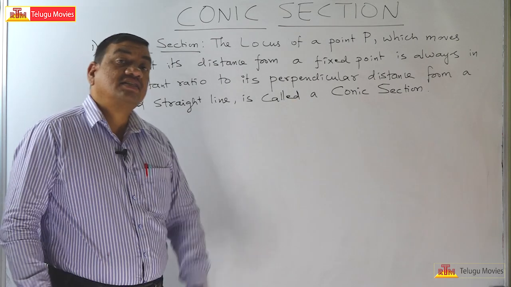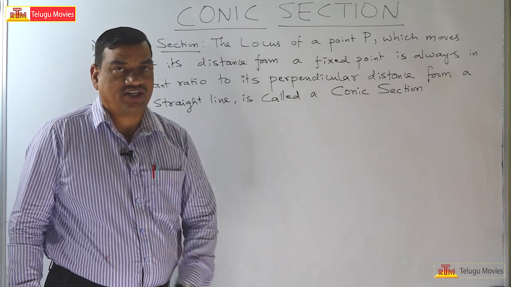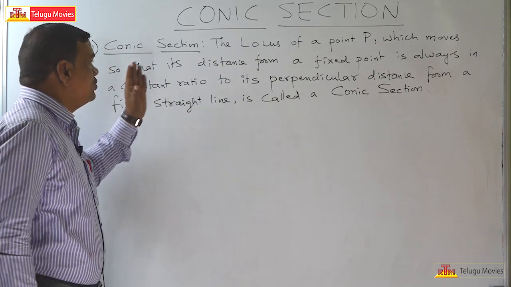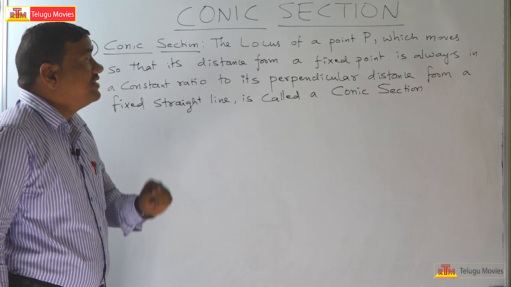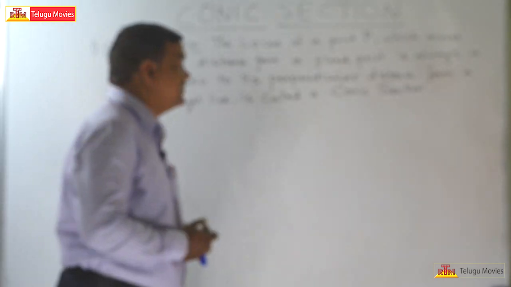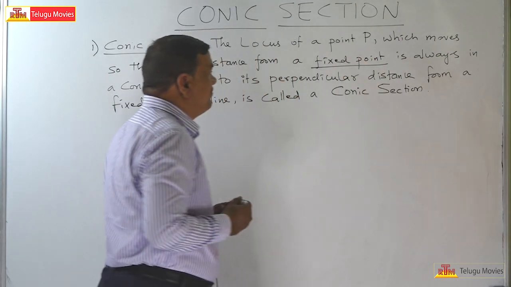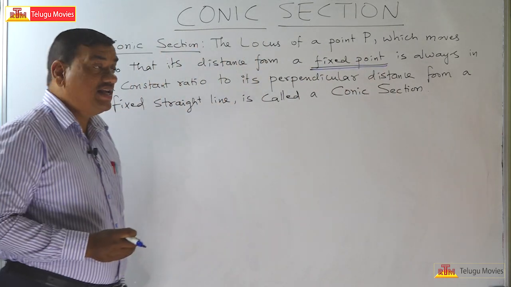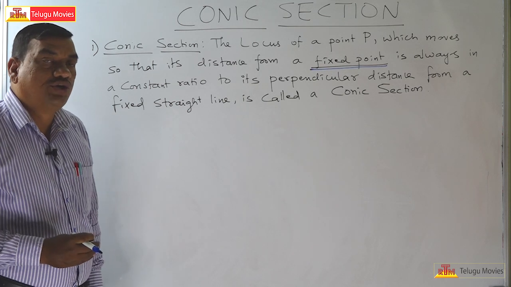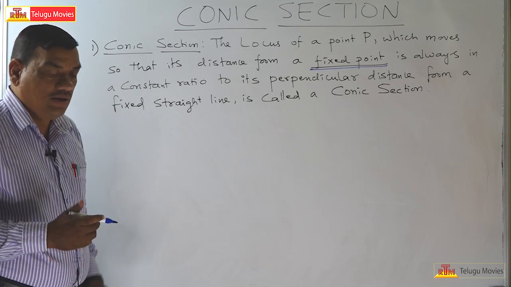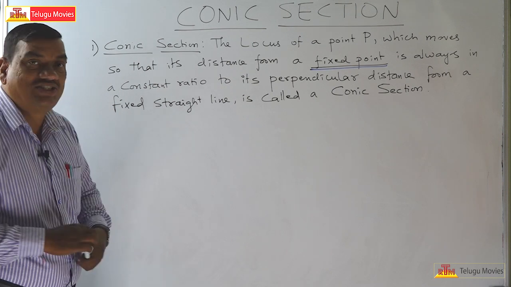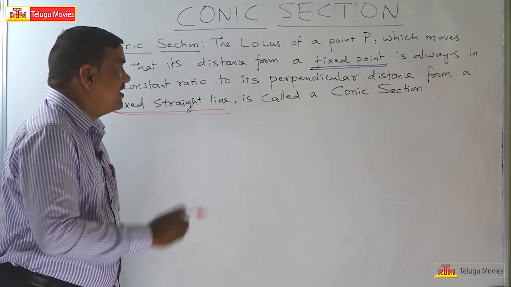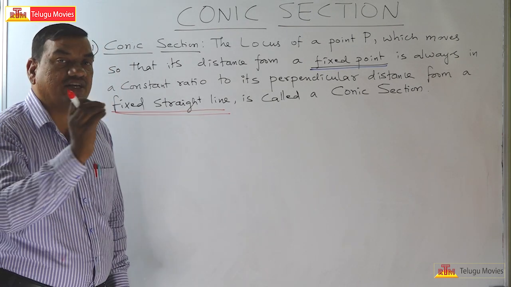Now, let us see the definition of conic section. The locus of a point P which moves so that its distance from a fixed point is always a constant ratio to its distance from a fixed straight line is called a conic section.